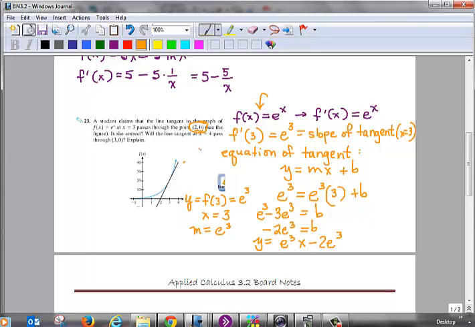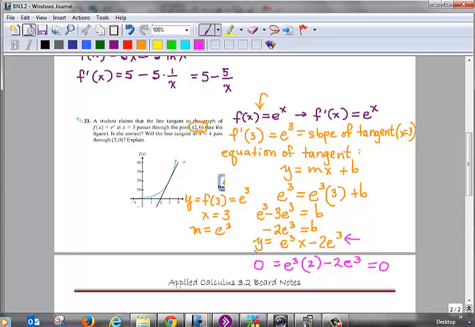And then the question is, does that line pass through the point (2, 0)? Meaning if I plug in x equals 2 and y equals 0 into this equation, is the equation satisfied? So if I do that, I get 0 equals e cubed times 2 minus 2e cubed. And this just looks like 2e cubed minus 2e cubed, which is 0.